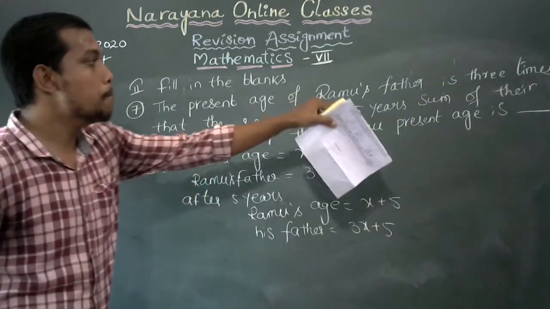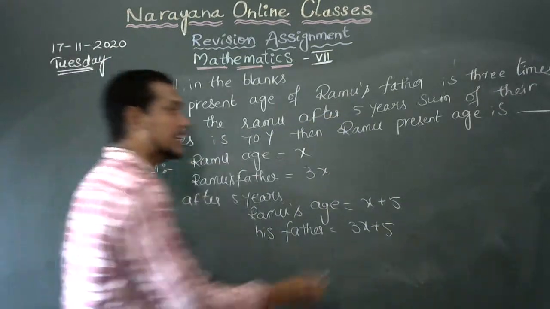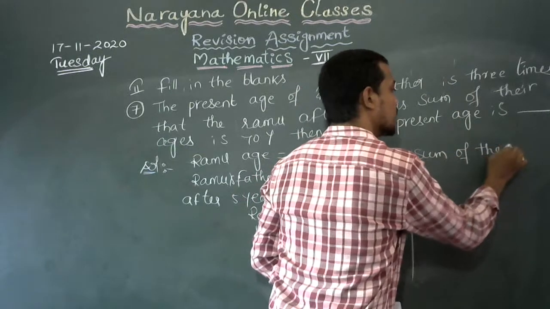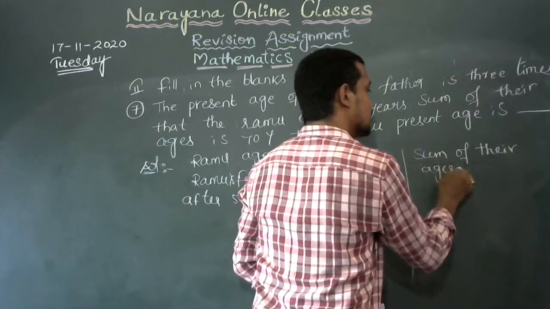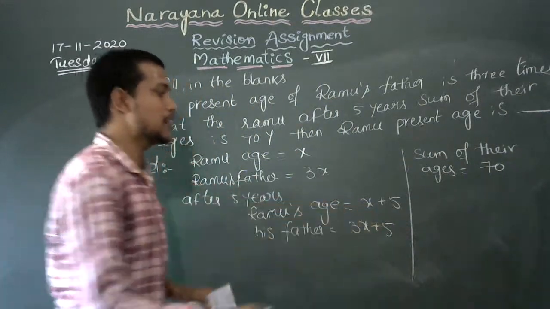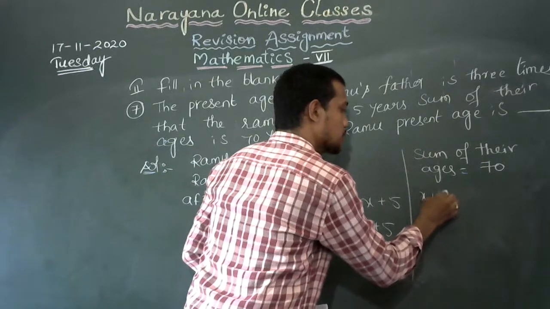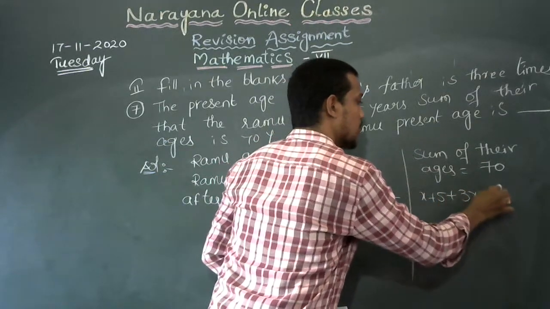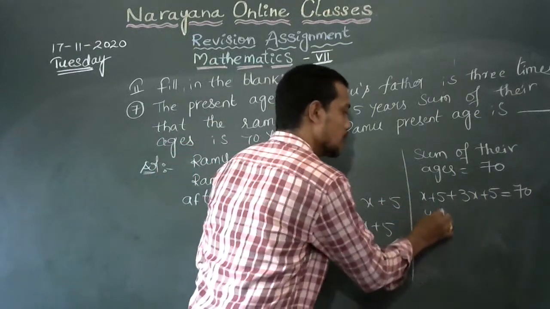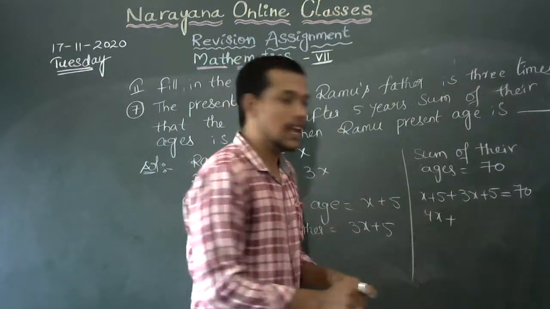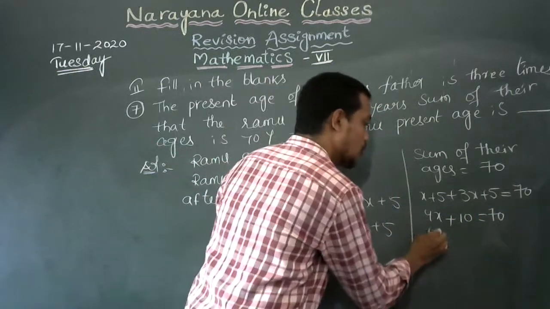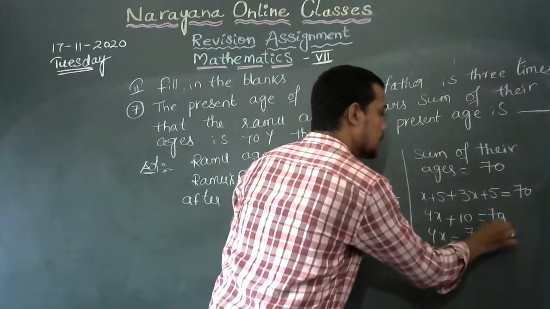Now what they are giving? Sum of their ages is 70 years, no? x plus 5, 3x plus 5. x plus 5 plus 3x plus 5 is equal to 70. x plus 3x means 4x. 5 plus 5 means 10, which is equal to 70. 4x equal to 70 minus 10.